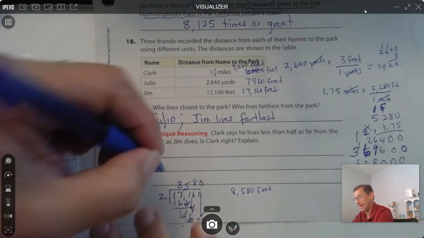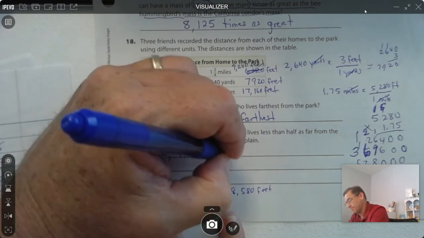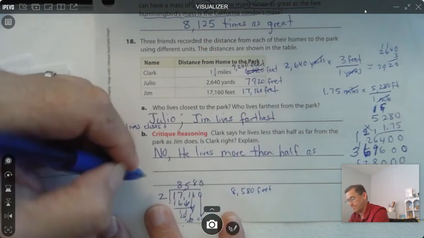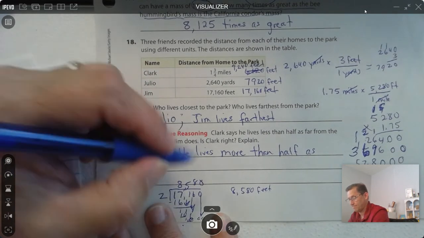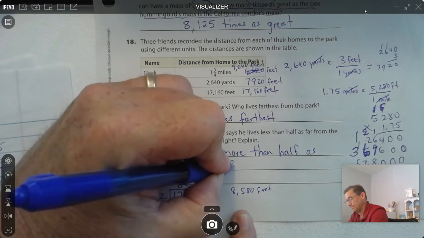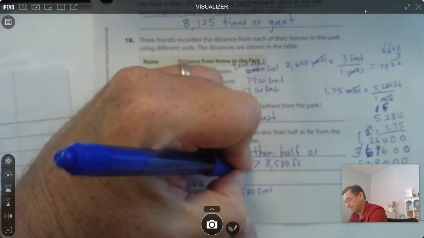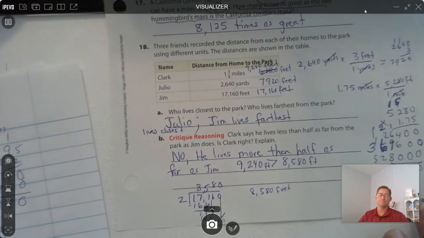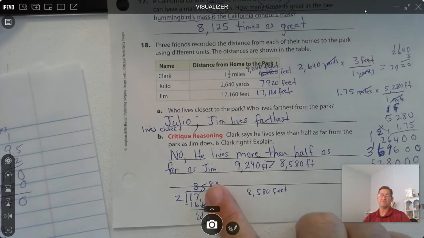No, he lives more than half. So we took half of Jim's distance, which would be 8,580.